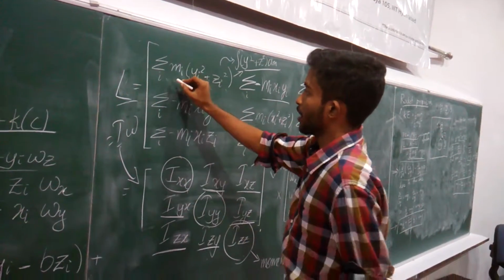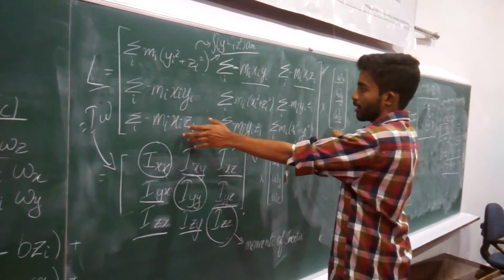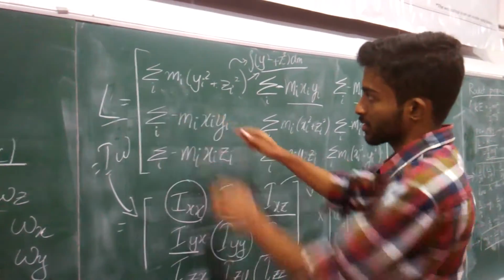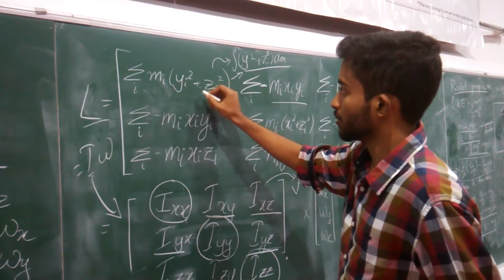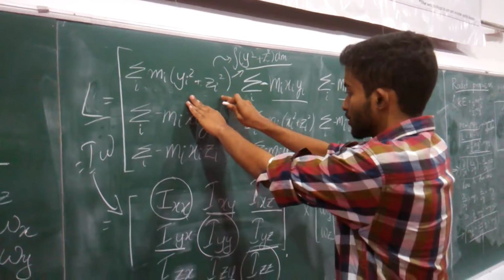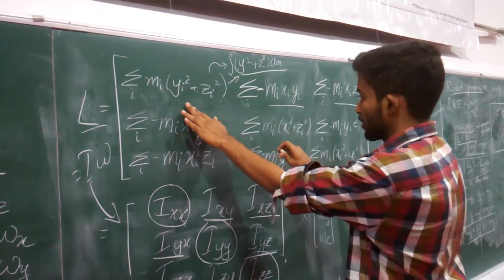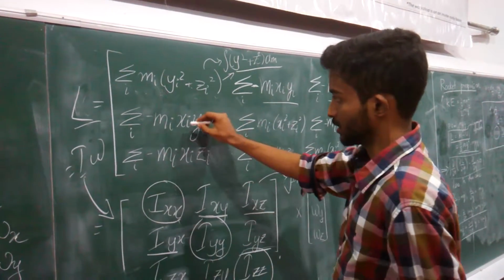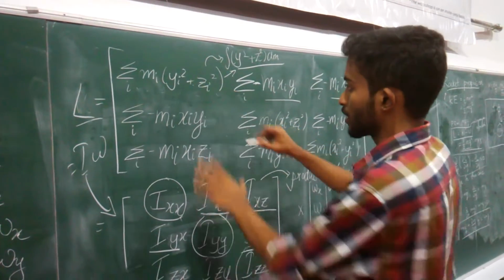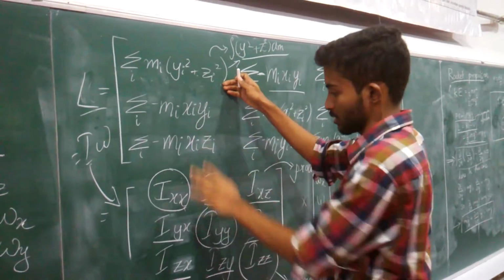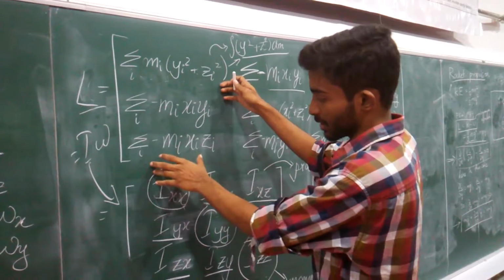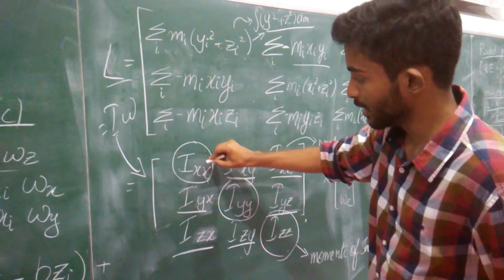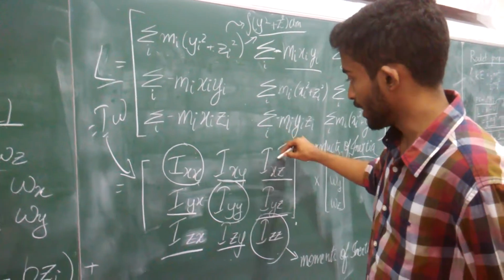We get this whole matrix multiplied by omega x, omega y, omega z, where the first term is the summation of mi times (yi² + zi²), and the diagonal elements are similar to this one, and we get the second row as mi xi yi. We can represent this whole matrix using moments of inertia, that is Ixx, Ixy, and Ixz.